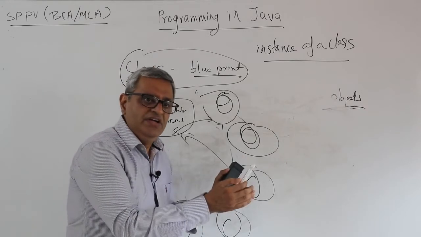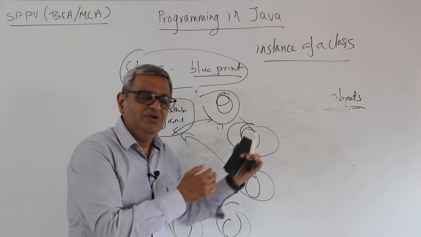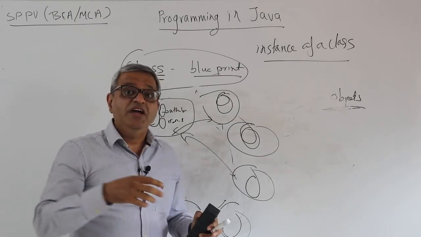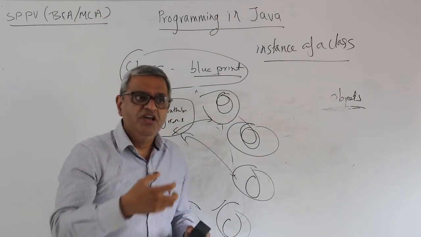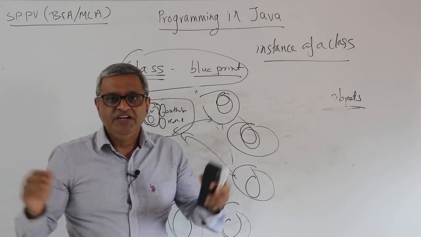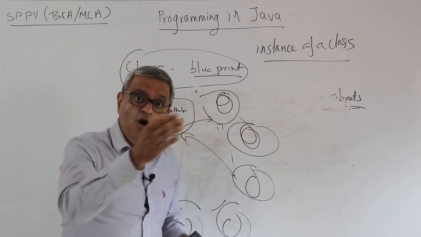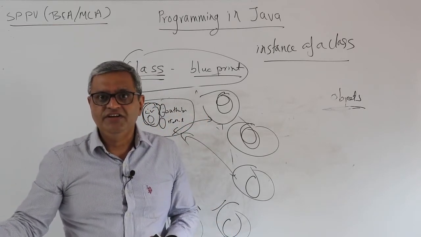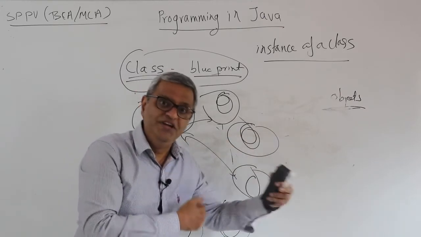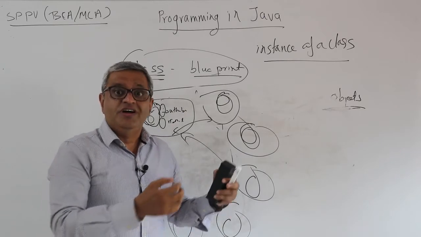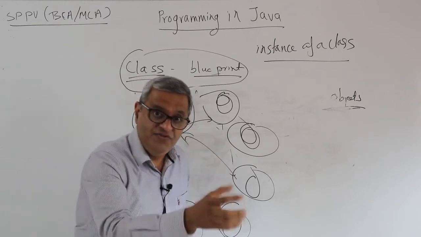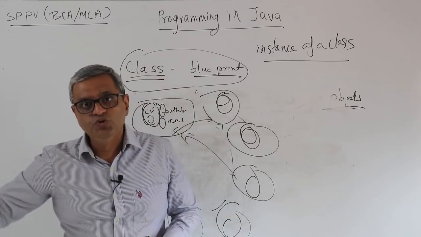So here my class is nothing but the blueprint, which is a plan developed by the architect, and my instances of the class would be bungalow number 1, bungalow number 2, bungalow number 3. If there are 10 bungalows, I have 10 objects which are created using the blueprint of this class. So a class instance is nothing but an object, and every object will have its own attributes.